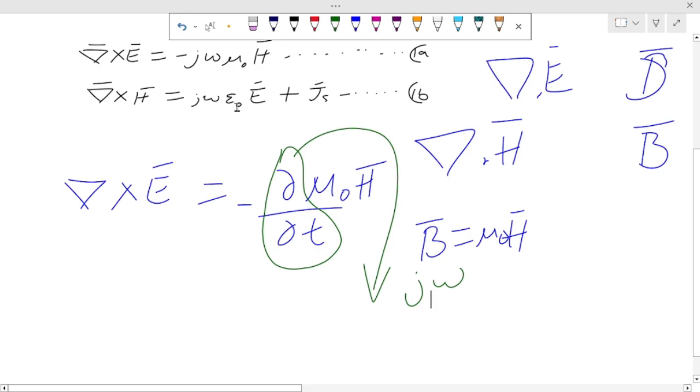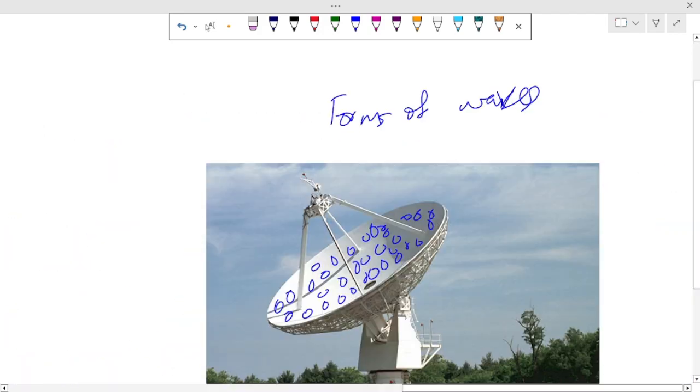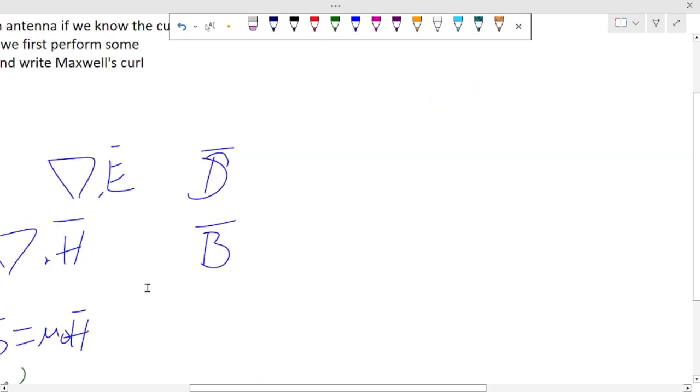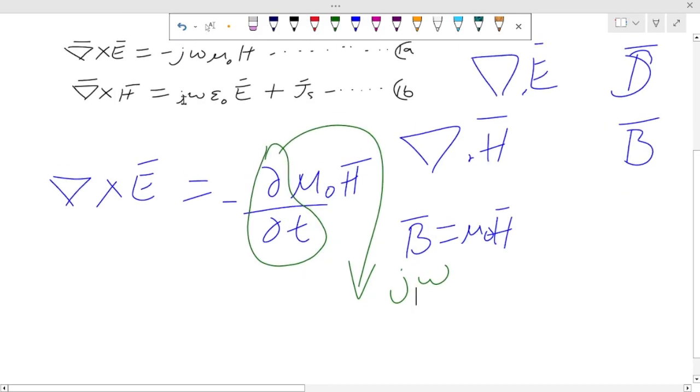The current density tells how dense the current is in different areas of the surface.